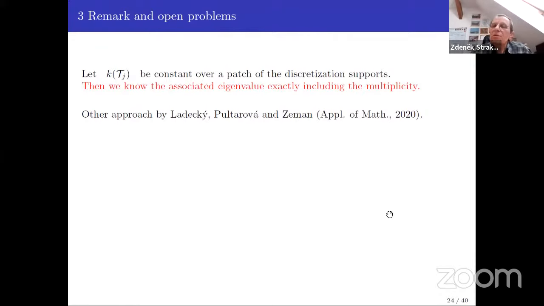So what is really interesting is what does it really mean? What if K is constant over some support, or a couple of supports, some patch? Well, that means that we do have an eigenvalue exactly. We don't have an approximation, not an interval, because then the maximum and minimum, or supremum and infimum, are the same. So we do have an eigenvalue exactly. And that means that if we have a number of supports over which this K is constant, then we have eigenvalues exactly, including multiplicity.